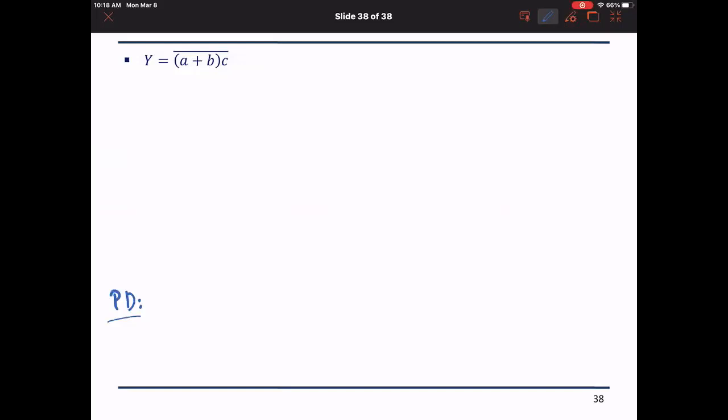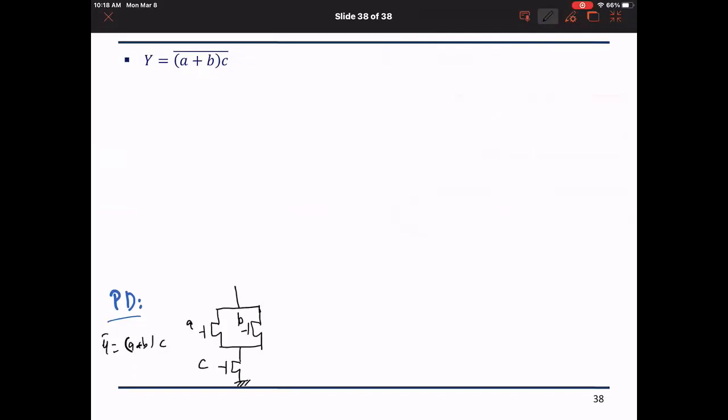And the pull-down network is going to look like this. I have y bar equals A or B into C. So I will have A or B, and with what? With C. This is my pull down, going to ground, and this is my out.